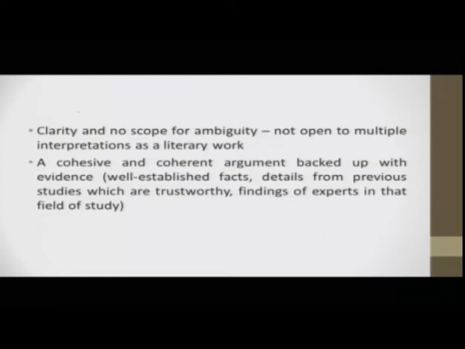Clarity is another important aspect of academic writing. Whatever you say, you have to say it very clearly, using clear sentences and the most appropriate vocabulary. There is no scope for ambiguity here. Your academic paper cannot be open to multiple interpretations.